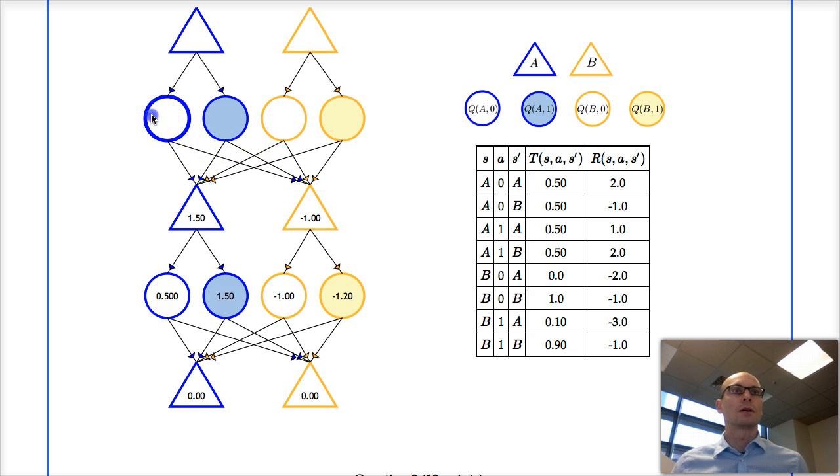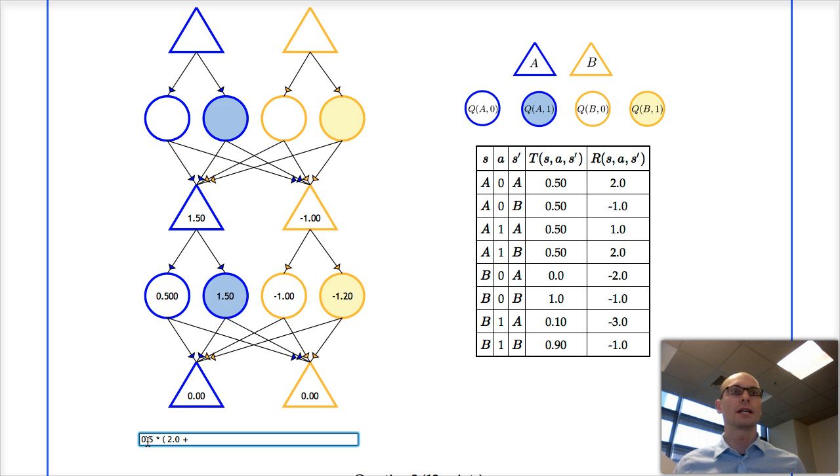Okay, now we're again one level up in the value iteration process here. Here we are in state A. We took action 0, and we are now in this part of the table. So there's a 50% chance of going to A, 50% chance of going to B. So we have 0.5 times the reward for going to A is 2.0.